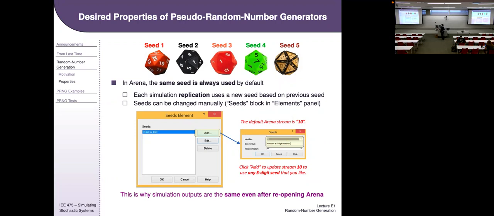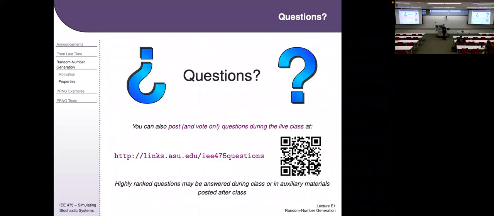So this allows you to control the random number seed so that you can regenerate these universes over and over again. Excel doesn't have this, but Arena does have the ability to set the seed. Any modern simulation tool allows you to set the seed for those reasons. So any questions about that?